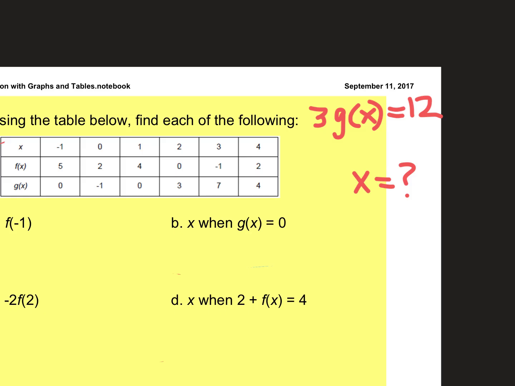I don't want to know what g of x is. I want to know what x is. They're different. What's x? All right, compare it with the kid next to you. See what you think.